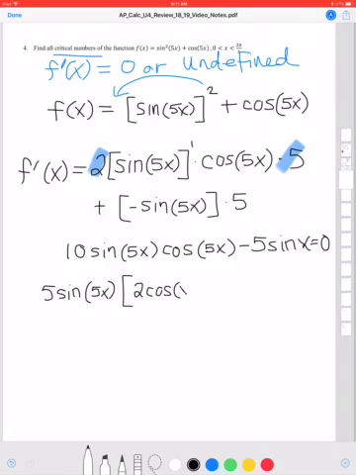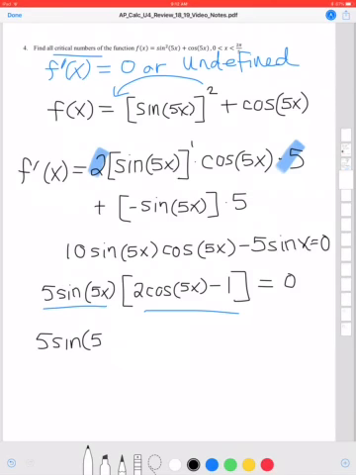That leaves me with 2 cosine 5x minus 1 equals 0. Alright, so you always want to try to factor, because now we can say, okay, either the first one has to equal 0 or the second one has to equal 0, since 0 times anything is 0. So we'll solve this in 2 parts.